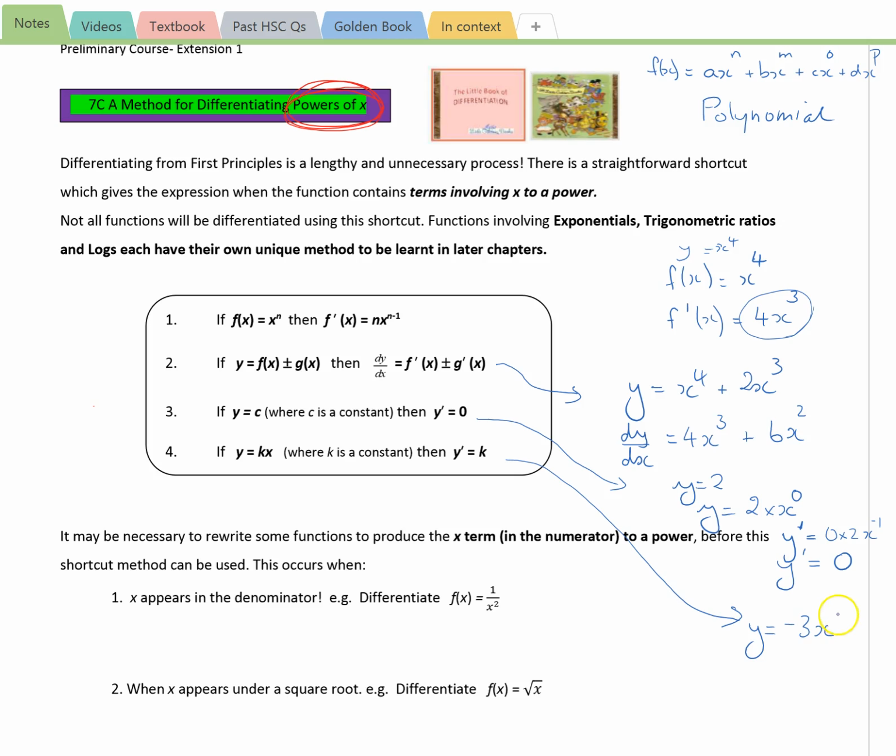So remember it's got a power 1. Bring it to the front. It'll be 1 times minus 3 times x to the 1 minus 1. So it's 1 times minus 3, which is minus 3. X to the naught is 1, so y dash is just a constant.